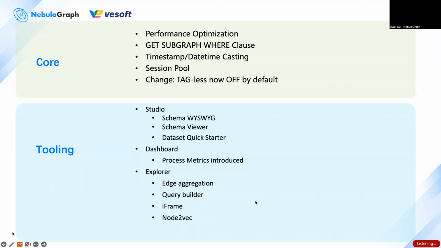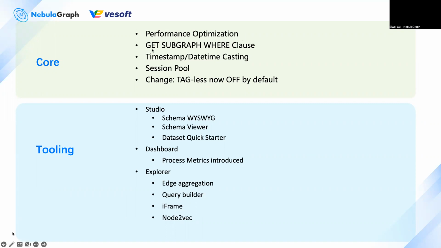Okay, so this time we are mostly focused on changes in stability and performance. We have a bunch of performance optimization PRs, and we don't have too many newly introduced features.